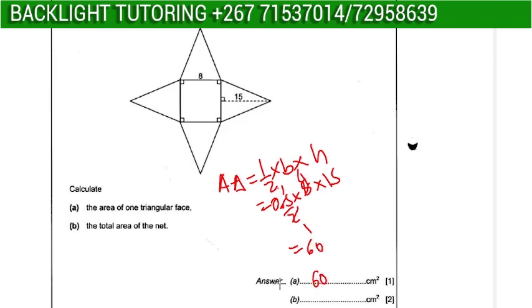B, the total area of the net, right? We have shape 1, 2, 3, 4. So you're going to say 60 times 4. Area equals, that is total surface area, if I'm not mistaken, 60 times 4 plus the square, which is length times width. I mean s squared.